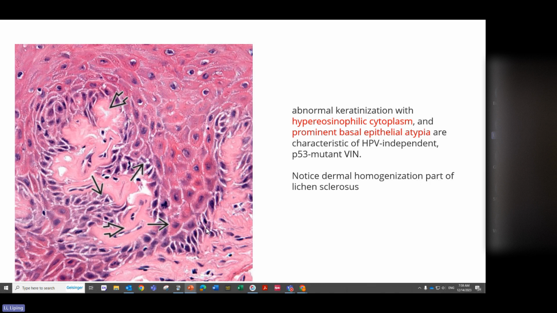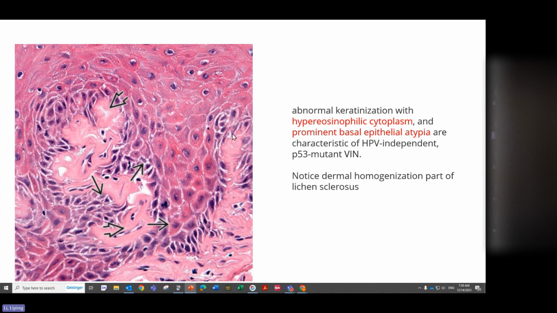But other than that, in other layers like the spinous layer, we can see this eosinophilic cytoplasm, like the squamous cell wants to mature, but is not as pleomorphic and atypical as the basal cell layer. So this is characteristic of HPV-independent, P53 mutation VIN.